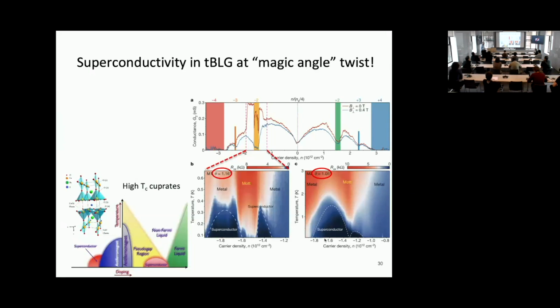The horizontal axis is the carrier density, which can be thought of as representing the energy as you're moving the energy level up and down relative to the Fermi level or the charge neutrality point. So this is the Fermi level for a neutral system. So here you're doping with holes, here you're doping with electrons, and you would expect these nice domes here that I was describing earlier, separated by band gaps.